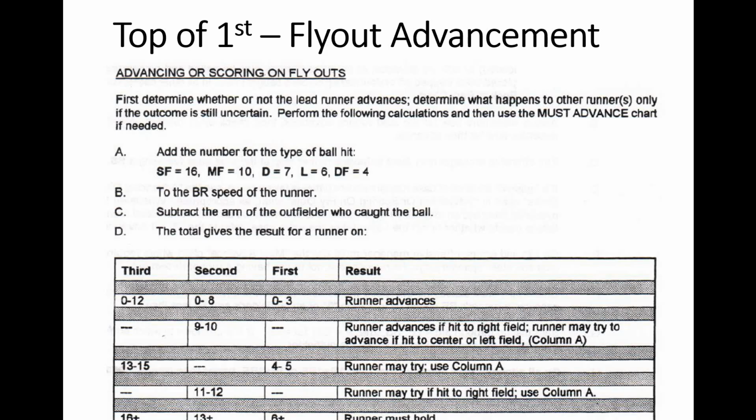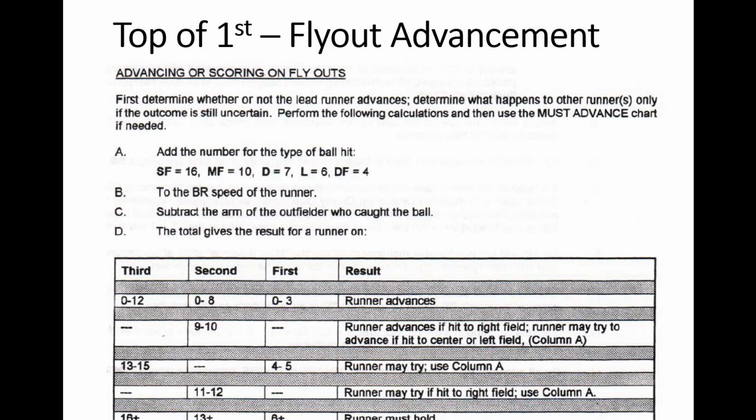You take a number that relates to the type of fly ball, how deep it is: short fly is 16, medium fly is 10, and it goes all the way over to deep fly, which is a 4. So we have medium fly of 10. We have the speed of the base runner, which we saw before was 5. We have to subtract the arm rating of the outfielder who caught the ball, and whatever the total becomes, that is how you read this chart below.